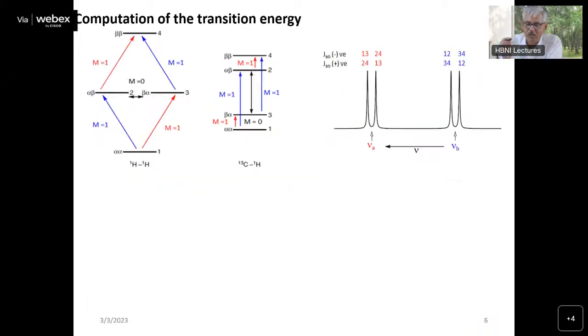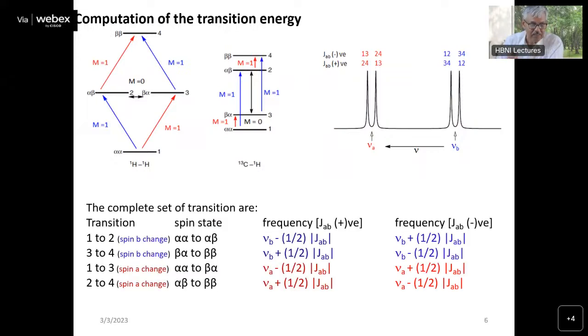Now let us see. So what we have seen here is, let us say, spin 1 to 2. So what happens? Spin B is changing, and spin A remains constant. So this is a spin state alpha alpha to alpha beta, and we have seen that when JAB is positive, it will be nu B minus.